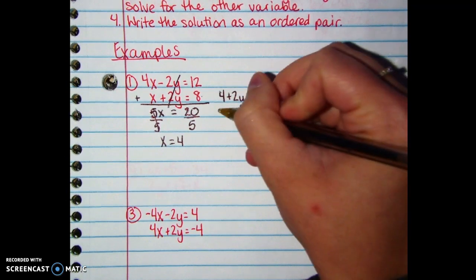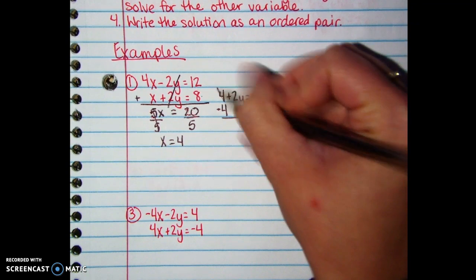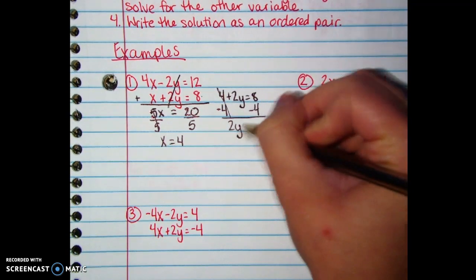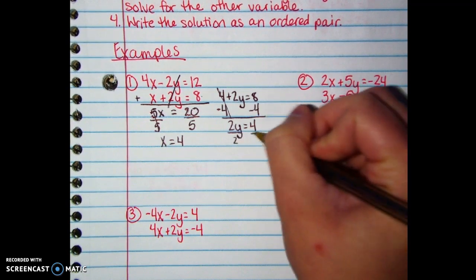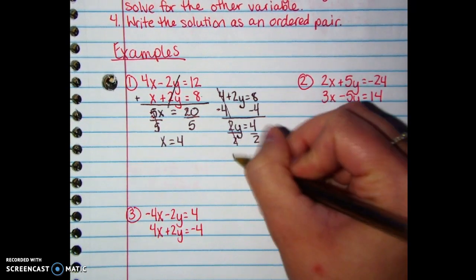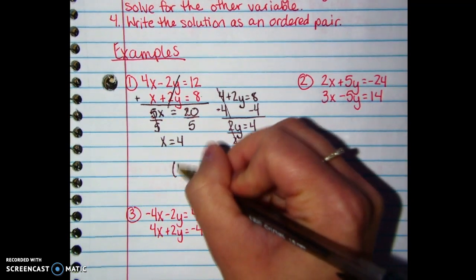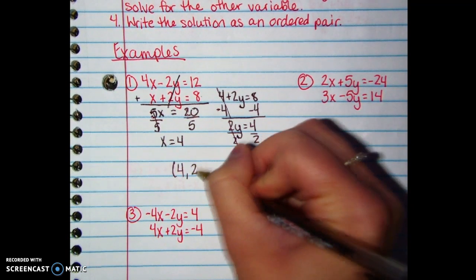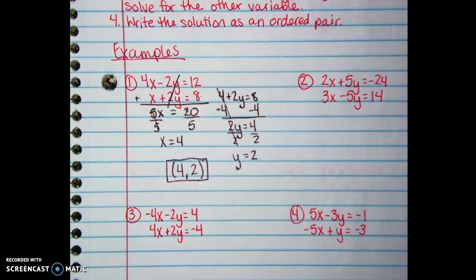This is a 2-step equation, so subtract by 4. 2y equals 4. Divide both sides by 2. Y equals 2. So my answer is 4, 2. You can always double check that by plugging it back into the other equation to see if it works.